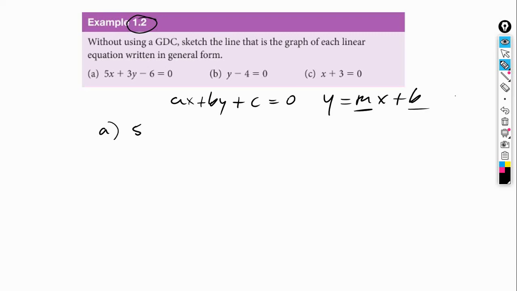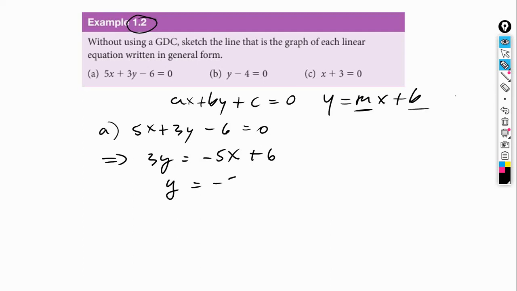So if we have 5x plus 3y minus 6 equals 0, we can rearrange this into 3y is equal to negative 5x plus 6, and then we can send the 3 to divide the whole expression. So we're going to get y equals minus 5/3 x plus 2.